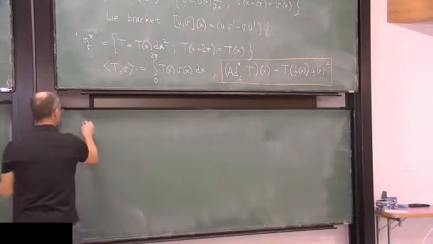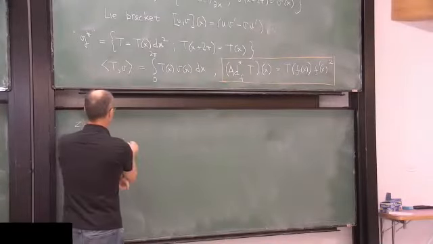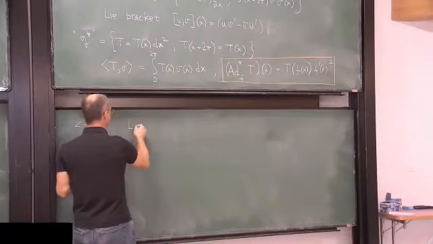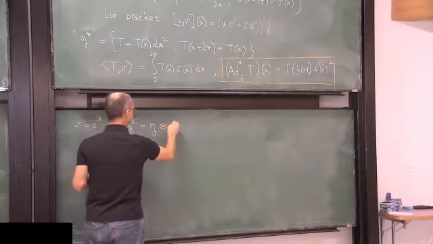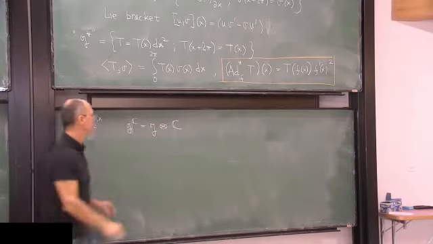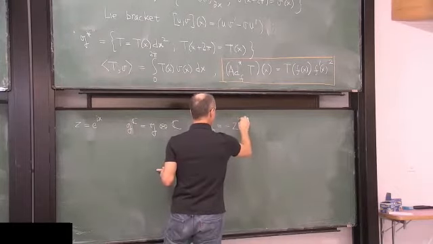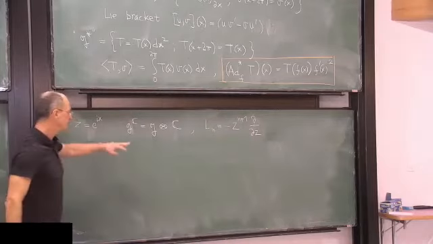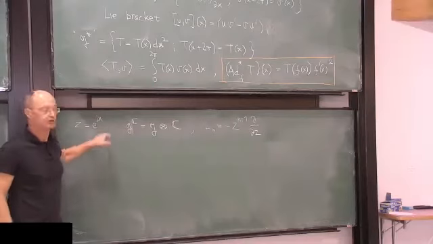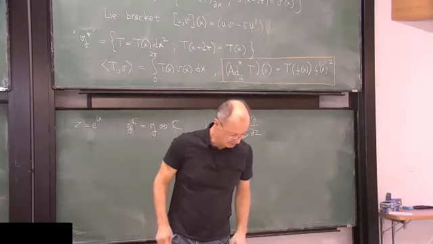So let me introduce a complex coordinate on the circle, and let me write the following complex valued vector field denoted by Ln, which is minus z to the power n plus 1 d over dz. Of course, here I'm always thinking that z is that function of x. So these are complex valued vector fields on the circle.